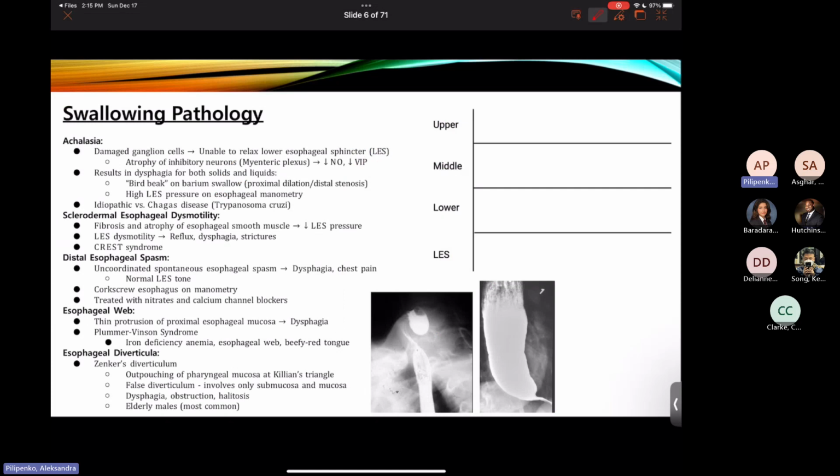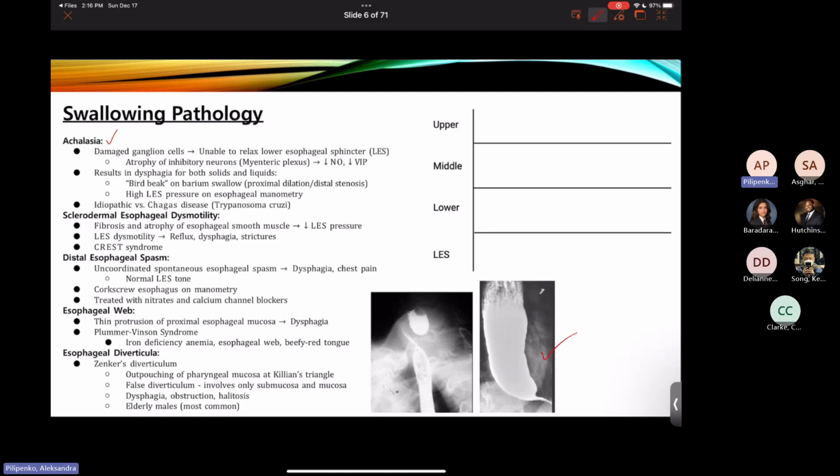Okay, this refers just to the pathology of dysphagia, swallowing pathology. So achalasia: you will see this famous picture of a bird beak appearance, right?